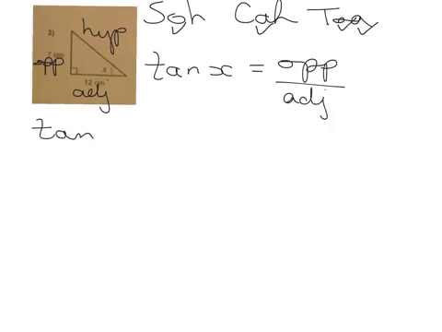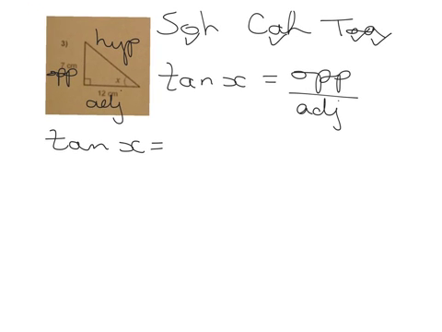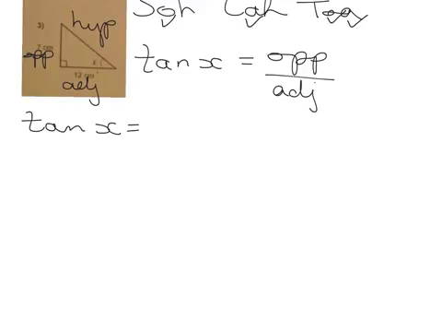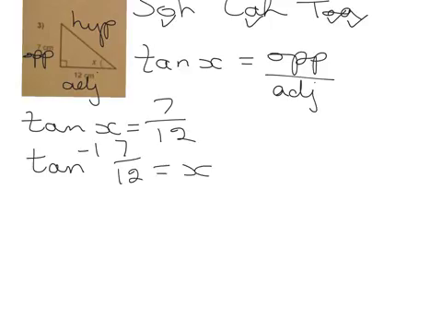So tan x is equal to the opposite, which is 7 centimetres, over 12. Again, we need to use the inverse function. So tan to the minus 1, 7 over 12 is equal to our angle x.